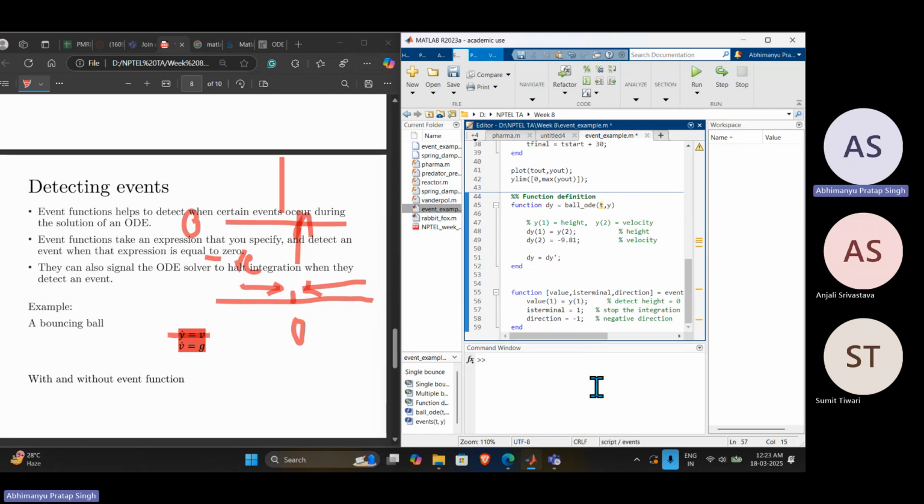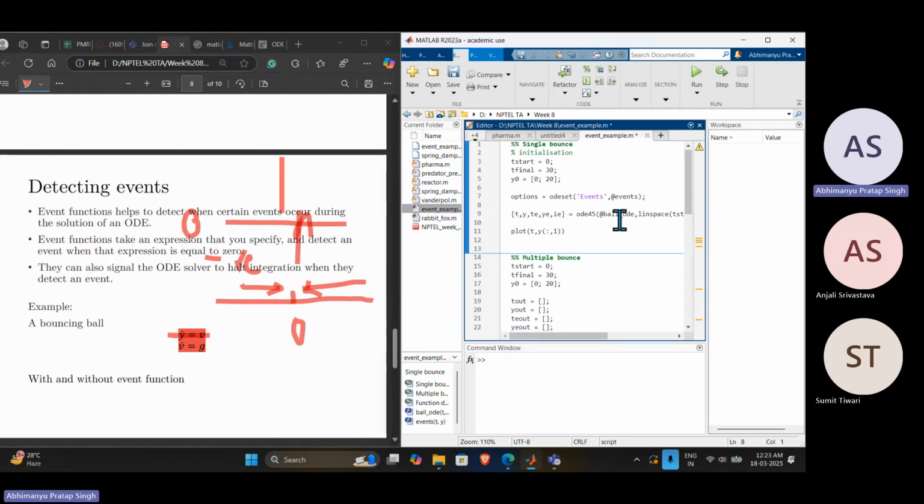Similarly, I need to have terminal and direction. For each expression you have, you need its terminal condition and a direction. If you have three conditions to be checked, then you need a 3 cross 1 terminal vector and a 3 cross 1 direction vector.